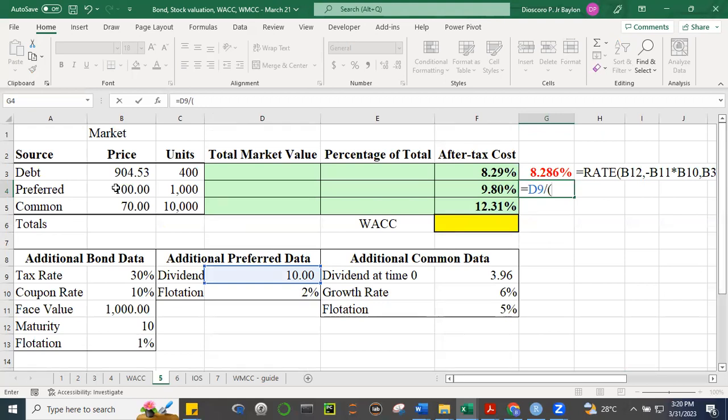Coupon yan, no? This one. And then it has to be the net price. So dapat that one. And then we net it against, since percentage siya, so it should be 1 minus the flotation cost.